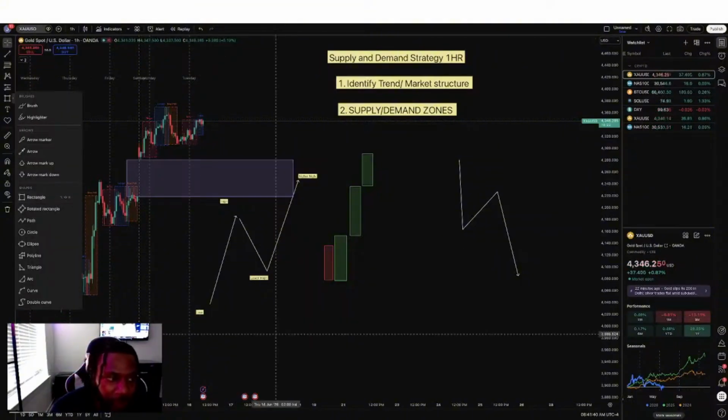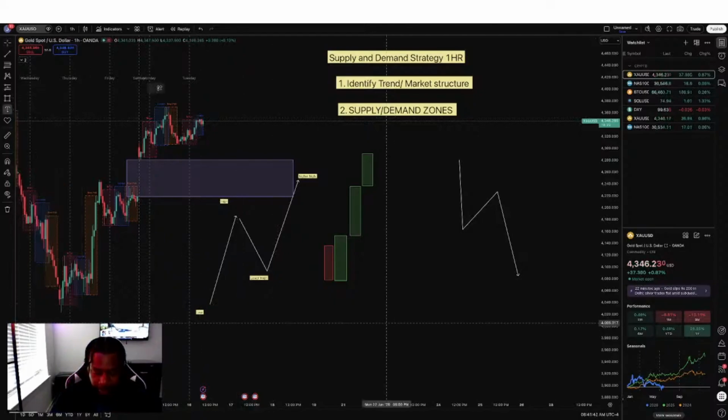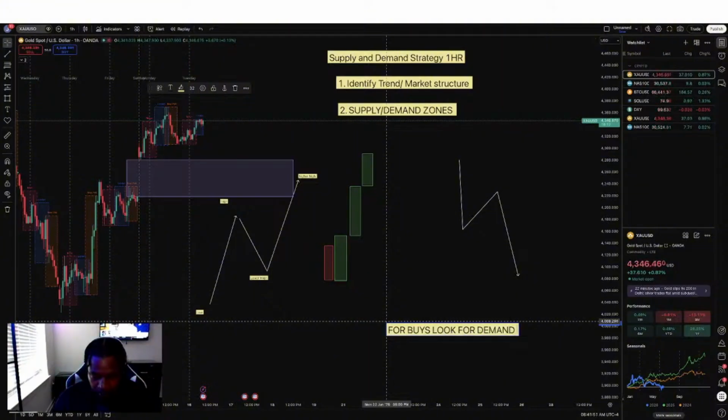All right, so now for buys, no, actually demand. For buys, look for demand zones. For sells, look for supply.